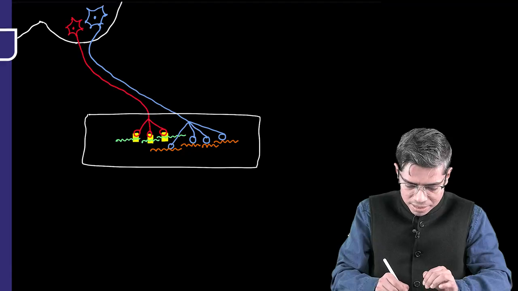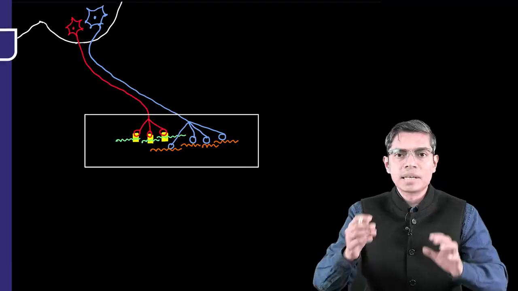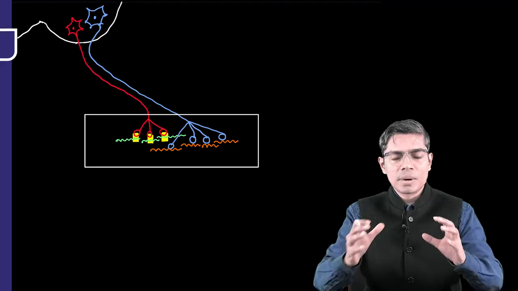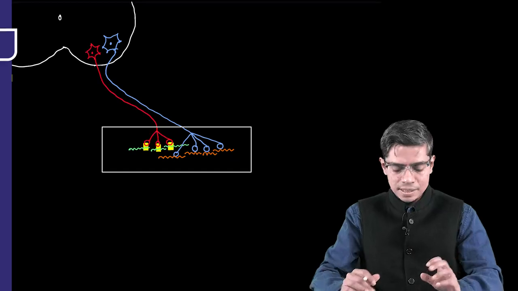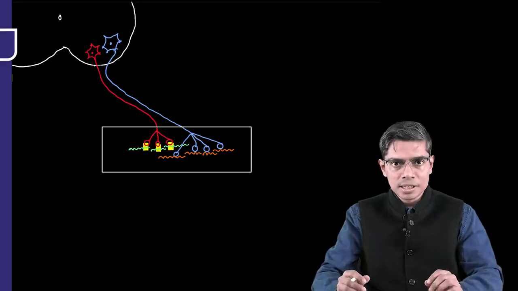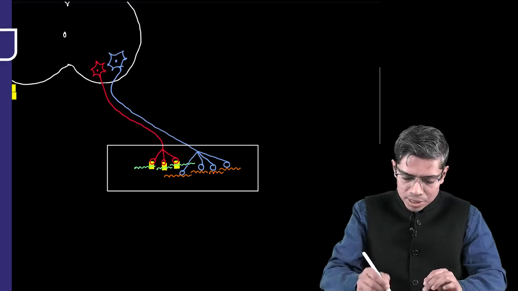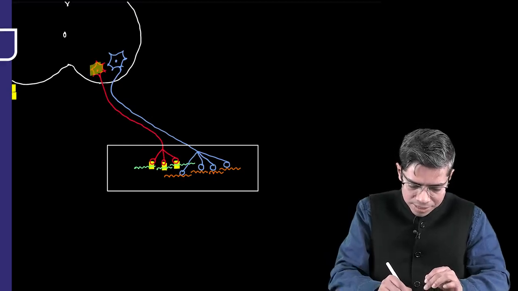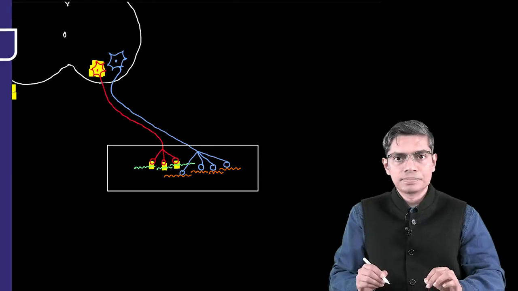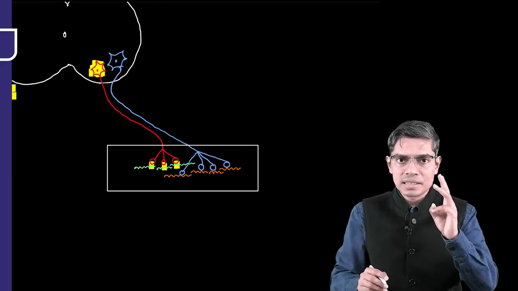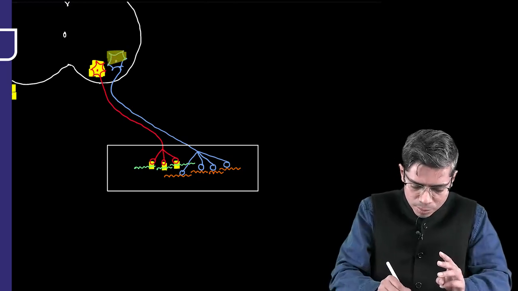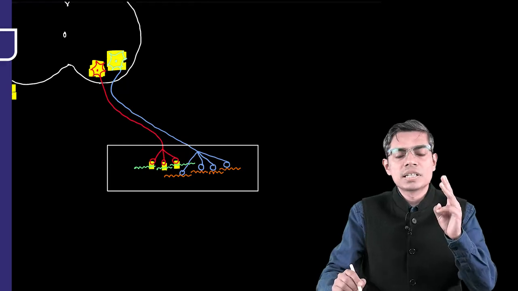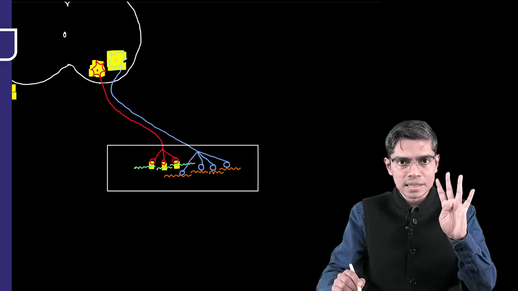Inside this skeletal muscle, multiple muscle fibers are there, but multiple muscle fibers are not supplied by a single neuron. Obviously there are multiple neurons, multiple axon terminals, but if I follow this red color neuron, it is supplying 3 skeletal muscle fibers simultaneously. Similarly, this blue color neuron is supplying 4 skeletal muscle fibers simultaneously.